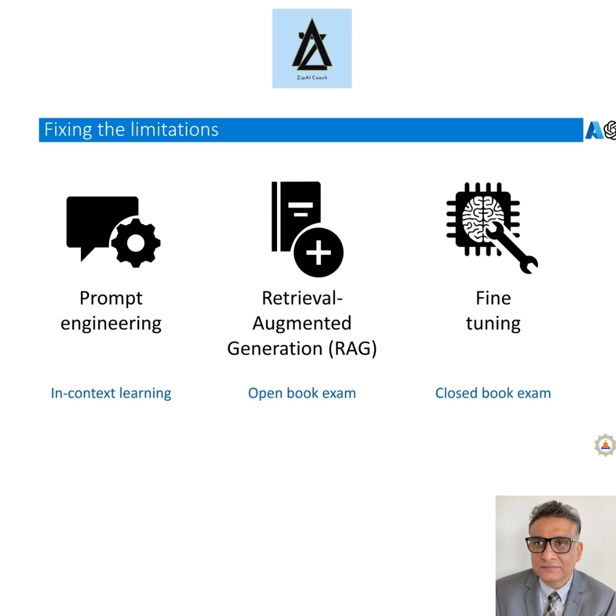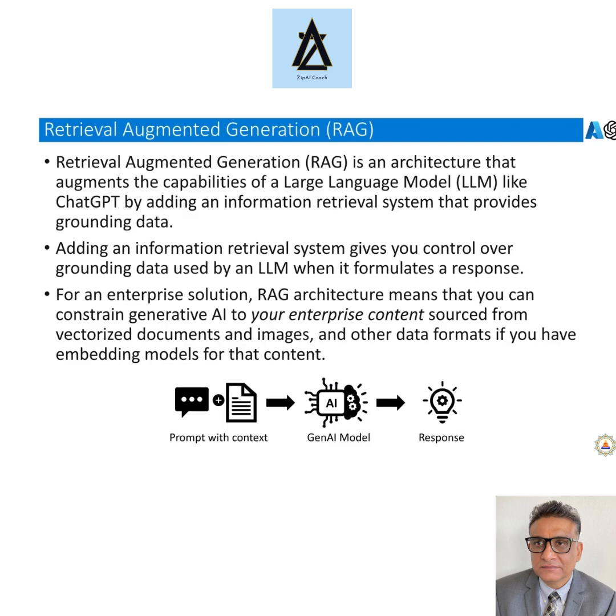Prompt engineering is very simple. I won't really cover that. Now let's understand what is retrieval augmented generation, or the way I put it, generation augmented by retrieval. That makes it easy.